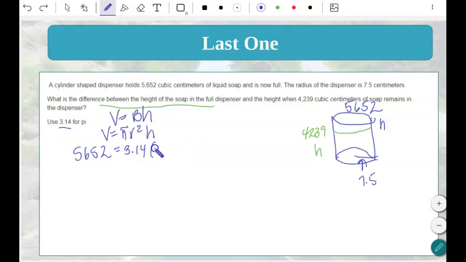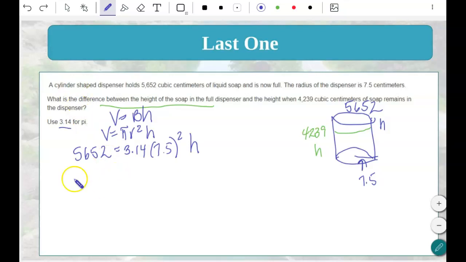We know the radius is 7.5. We have to square that. We don't know what h is. So we're going to simplify the right side. We do 7.5 squared and we get 56.25.